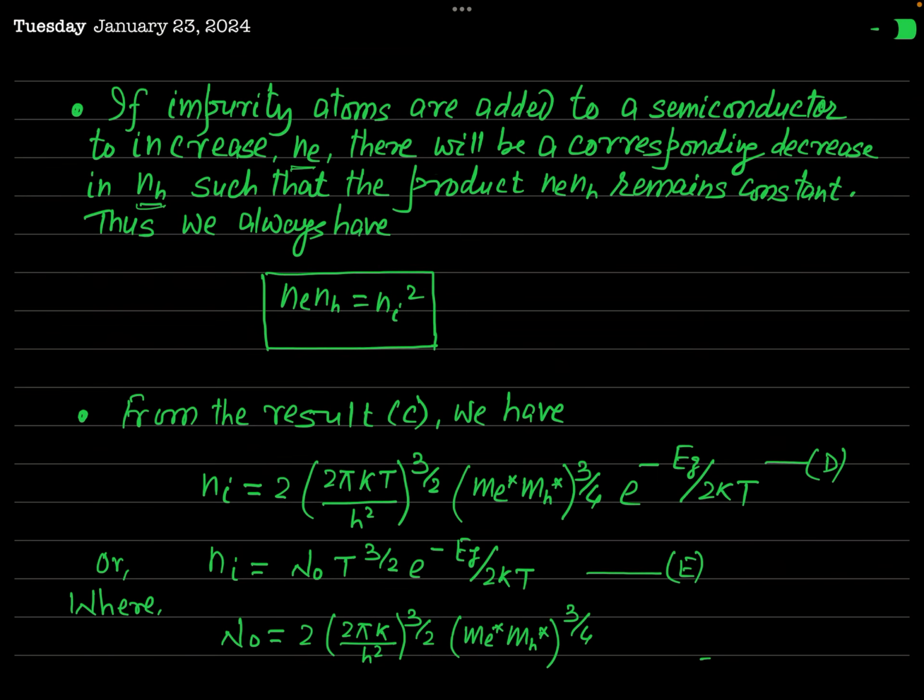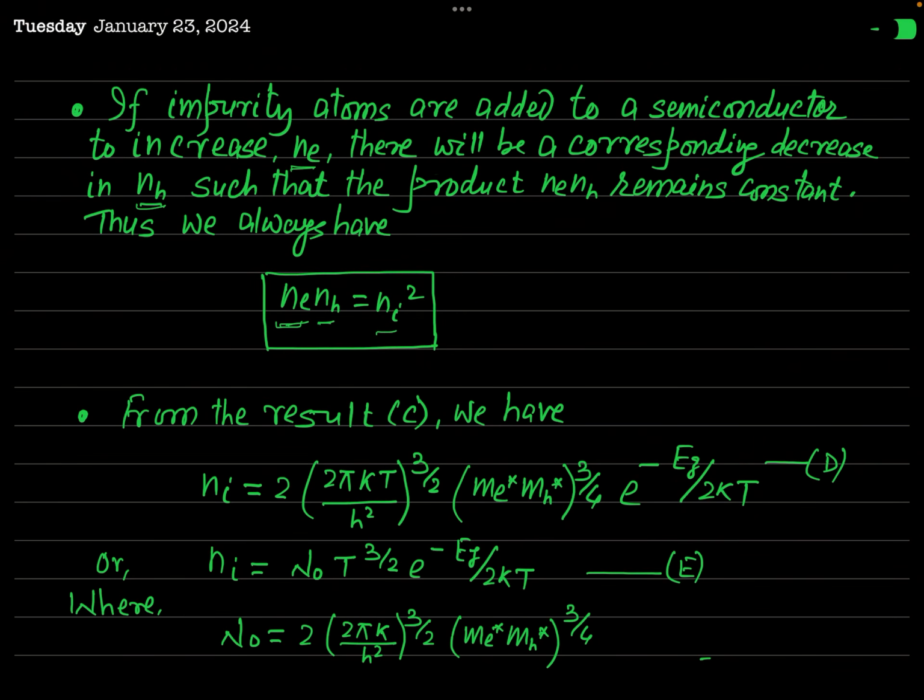So whenever, in case of extrinsic semiconductor, Ne increases, then NH decreases by the same factor. For example, if Ne is increased 2 times, then NH will be decreased by 2 times. So the product will remain constant.